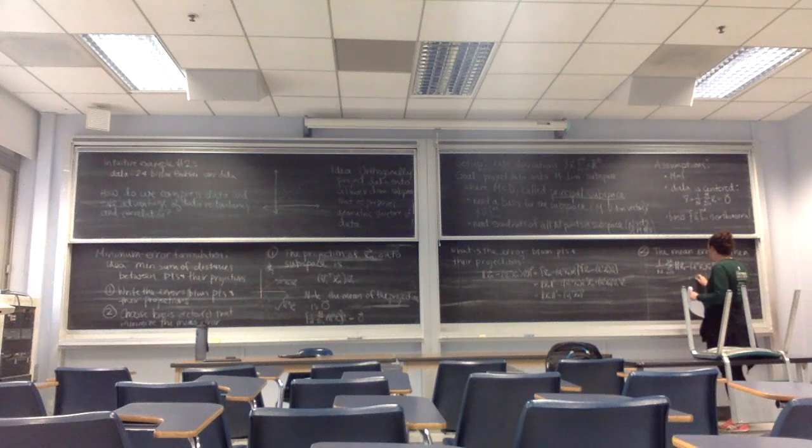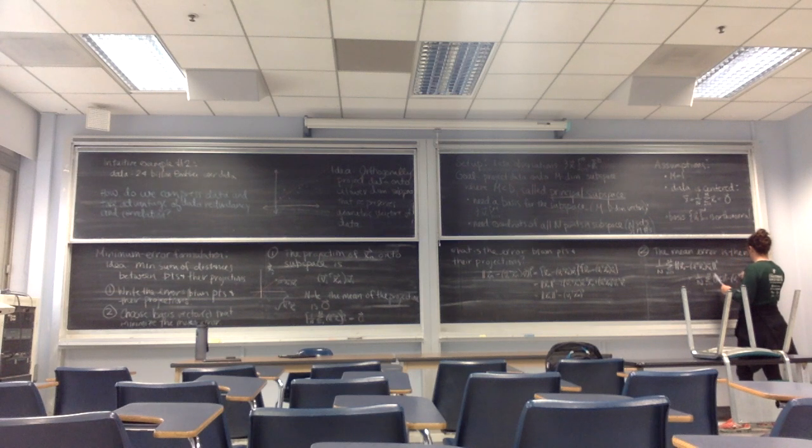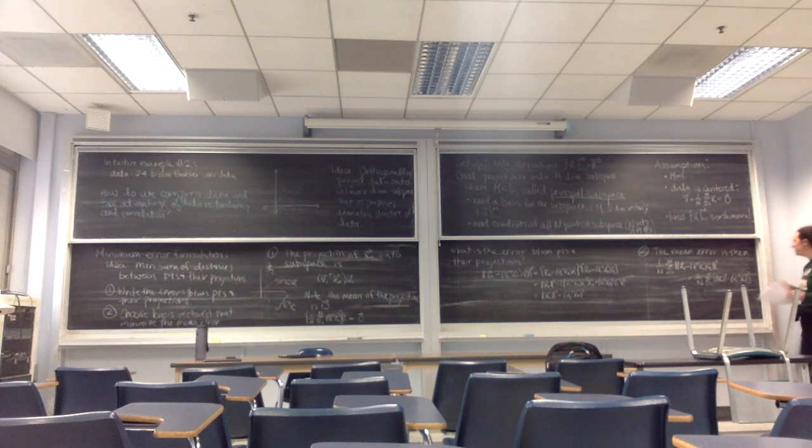Which ends up just being the average of these simplified terms. So we have the average of the norms of xn squared minus this inner product squared, and then we're taking the average of that.